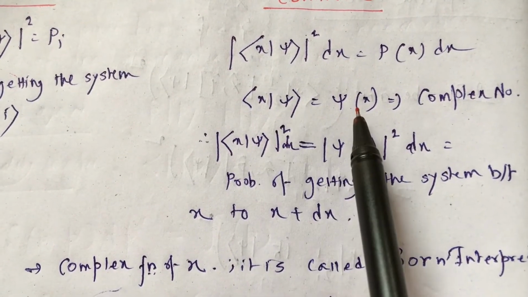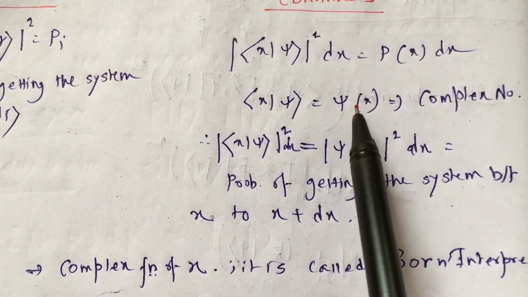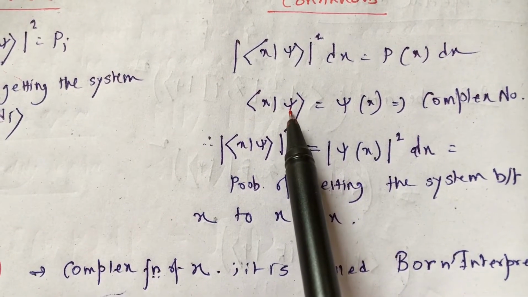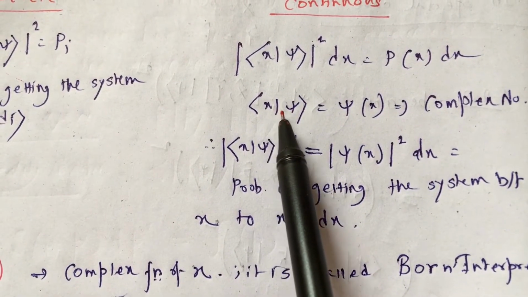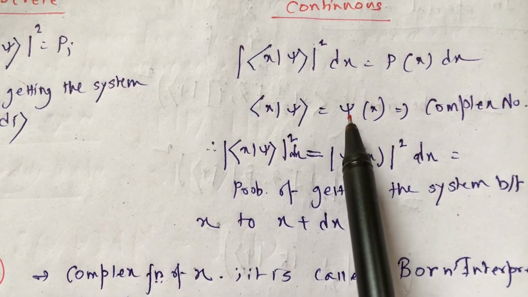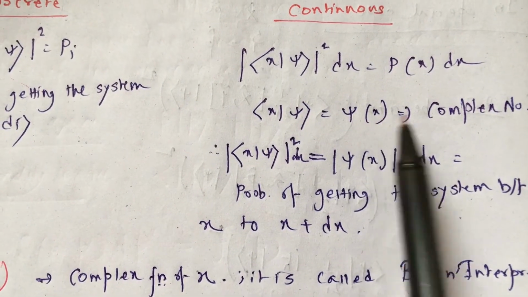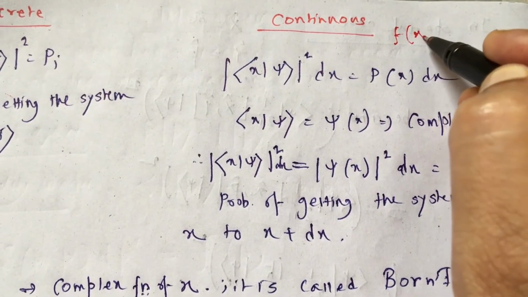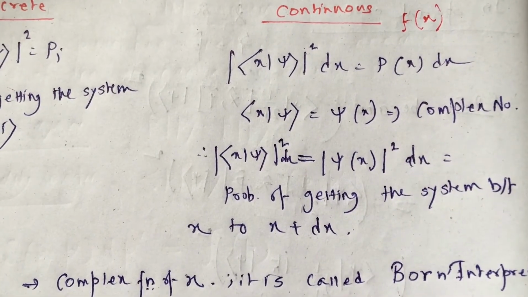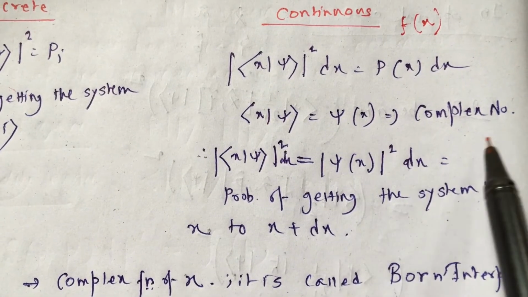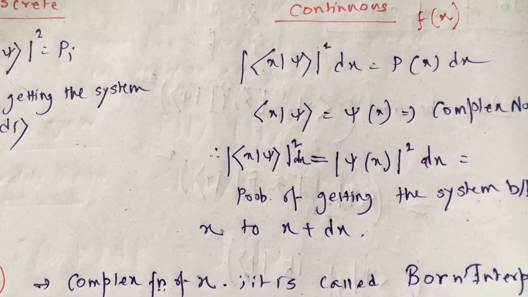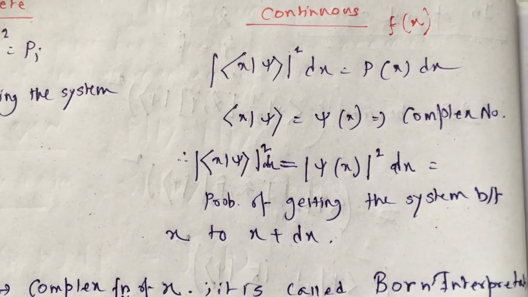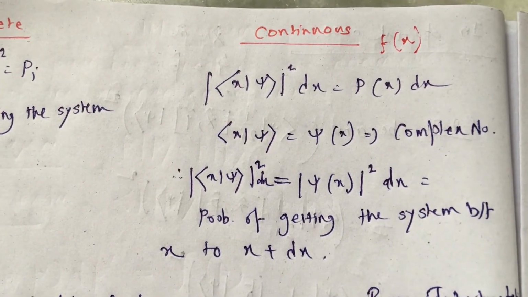This is a component of psi in position space, and as it is continuous now, I write it as a function as we write fx in algebraic functions. And this is as usual a complex number, because components are complex numbers now in both discrete and continuous space.